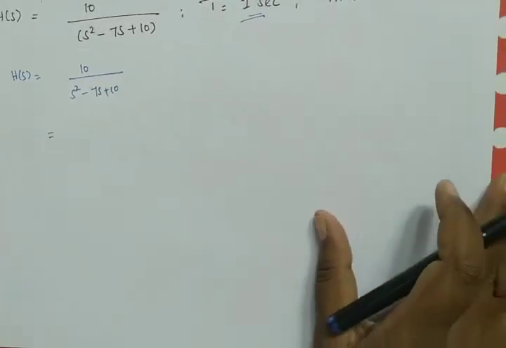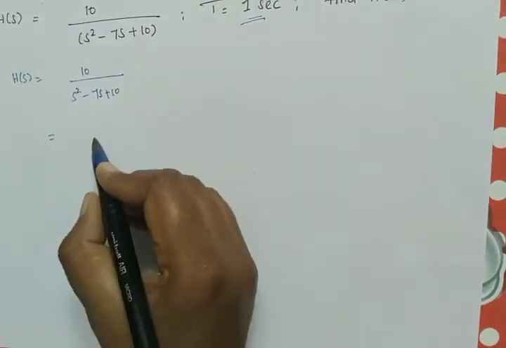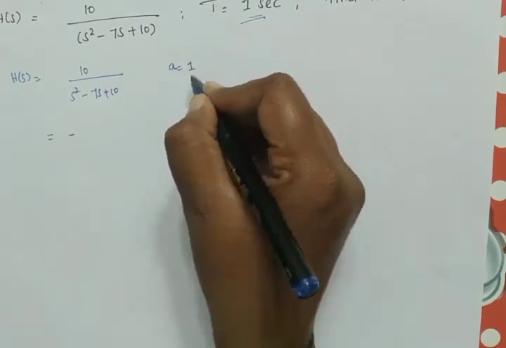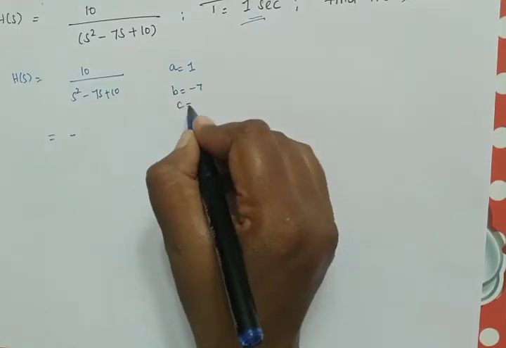By using this we can find the s plus terms in the denominator. Here we know a is equal to 1, b is equal to minus 7, c is equal to 10.